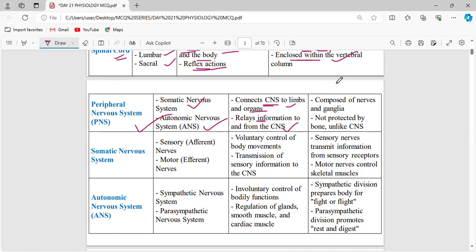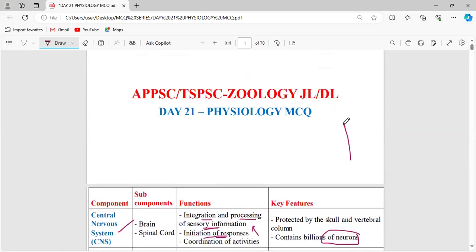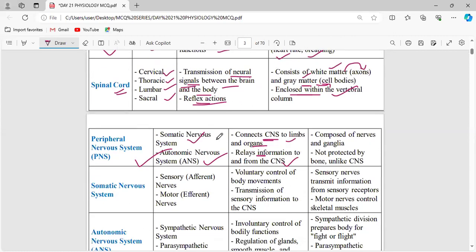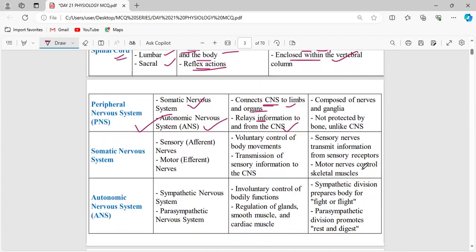If somebody touches your hand, that stimulus has to reach the brain, the CNS, and the response to that stimulus is carried out by the peripheral nervous system with the help of the somatic and autonomic nervous systems. It is composed of lots of nerves and ganglia.